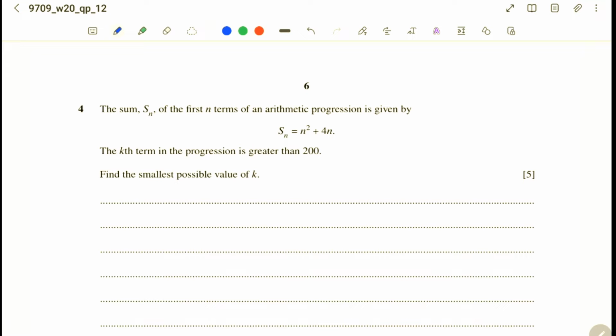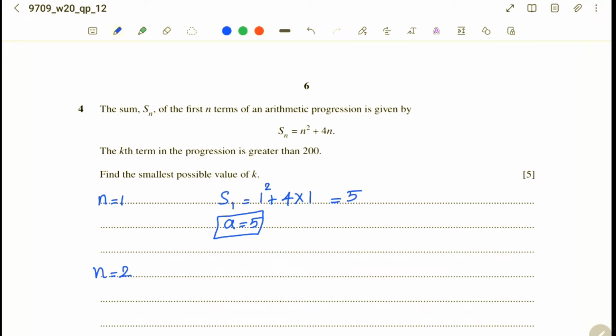Okay, so sum of the first n term is Sn equal to n square plus 4n. Sum of the first one term is when n equal to 1, S1 equal to 1 square plus 4 multiplied by 1, which is 5. Okay, so we know in arithmetic progression the first term is 5, so we can take a is equal to 5.